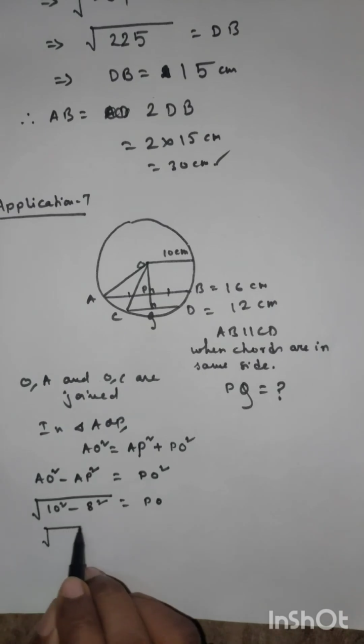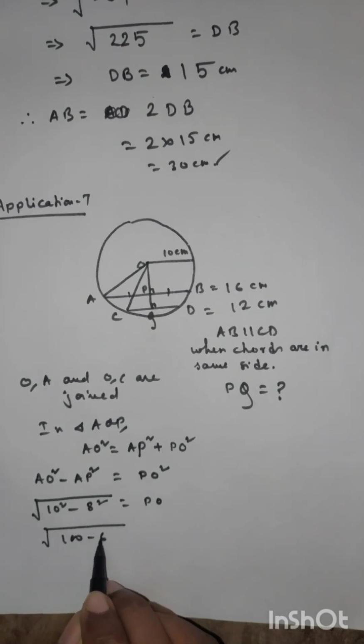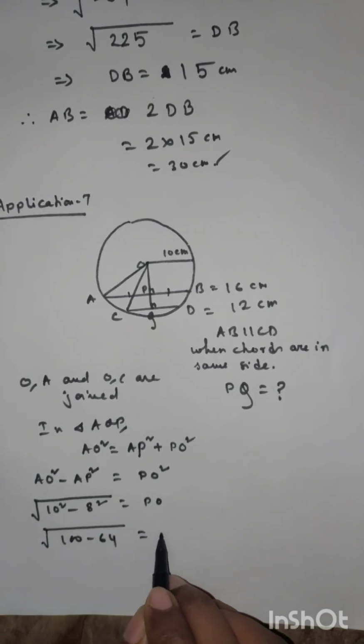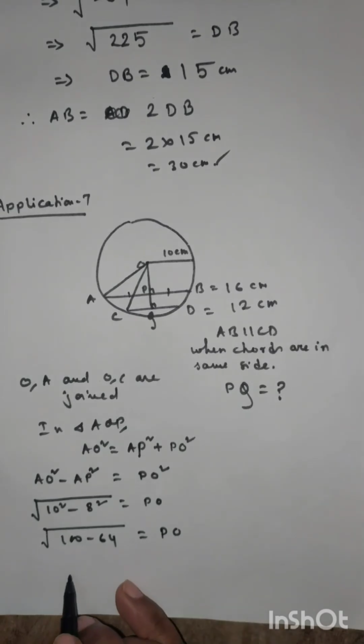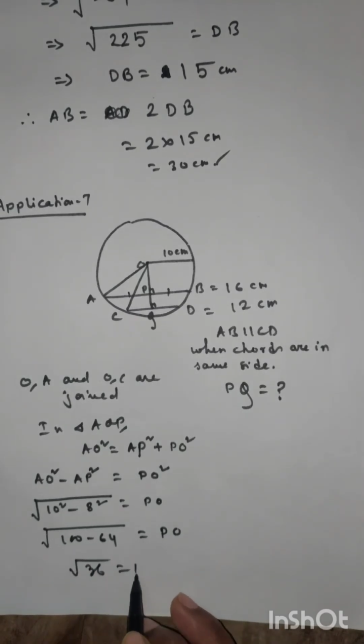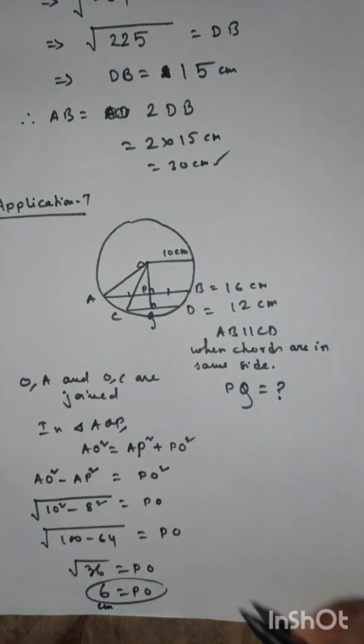So PO equal to 6 centimeter. PO part is 6 centimeter.